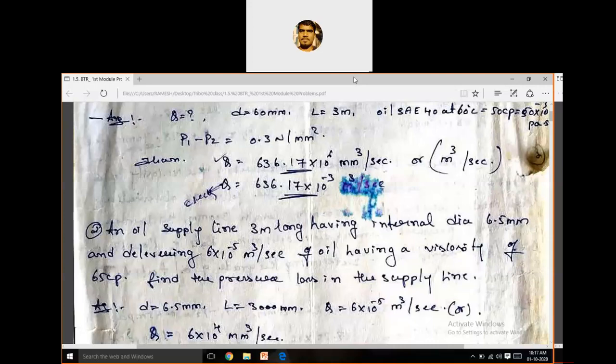Find the pressure loss in the supply line.